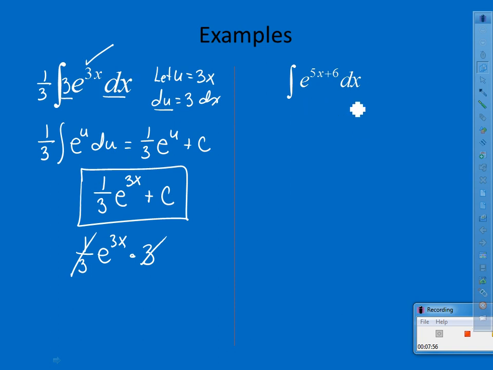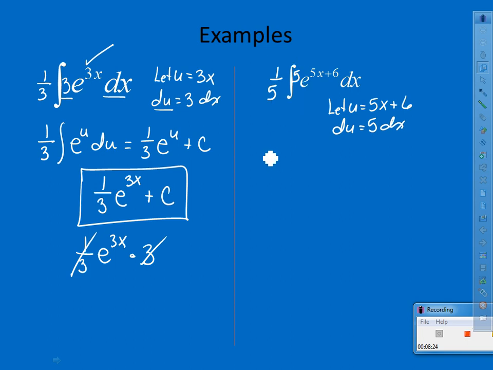On my second one, I'm going to let u equal 5x plus 6. That makes du 5 dx. So I need to see a 5 and a dx. I do if I put a 5 right there. That means I have to offset it with a 1/5.